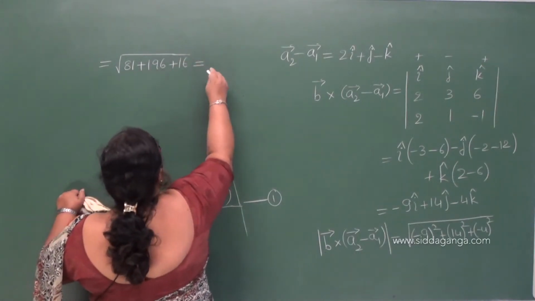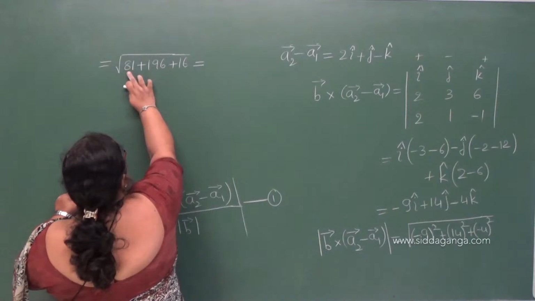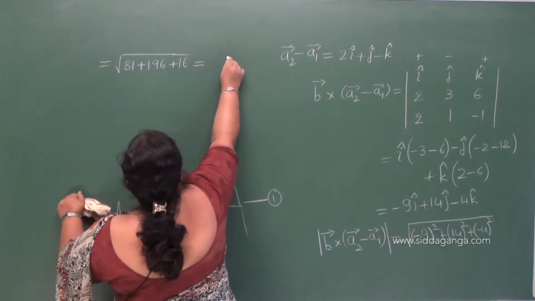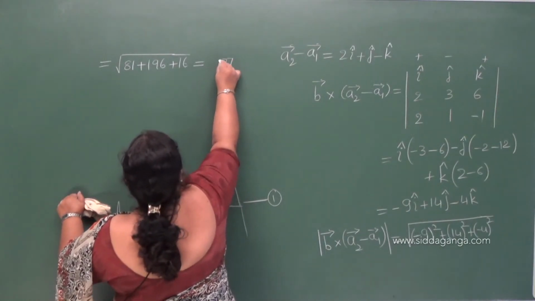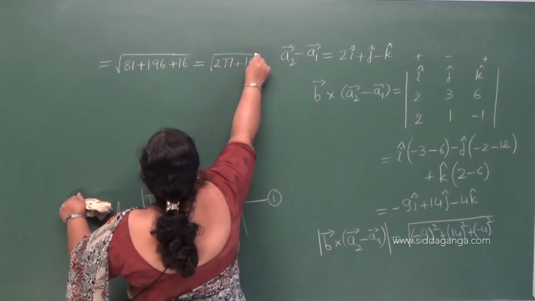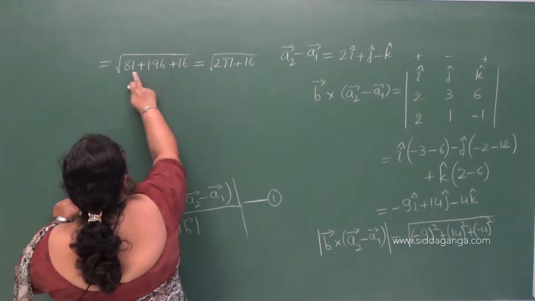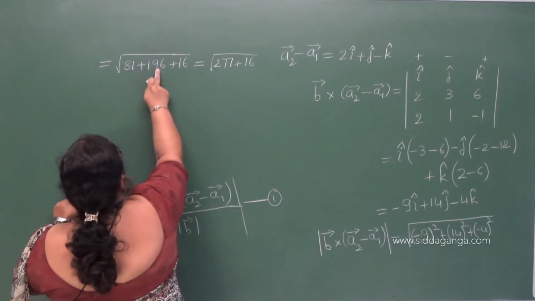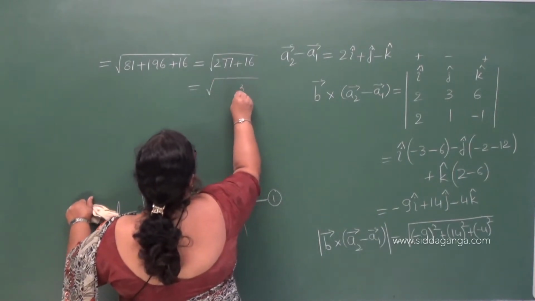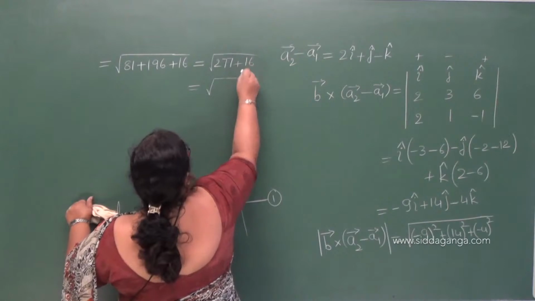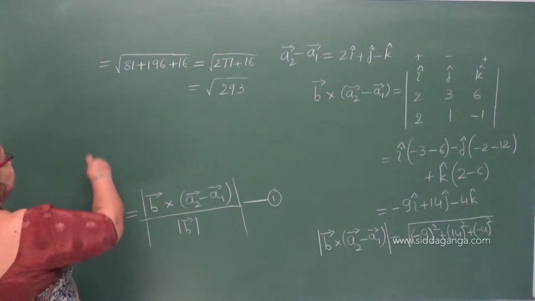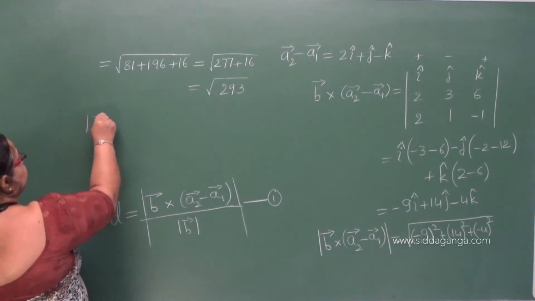Adding these, 81 plus 196 is 277, plus 16 is 293. That is equal to root 293.